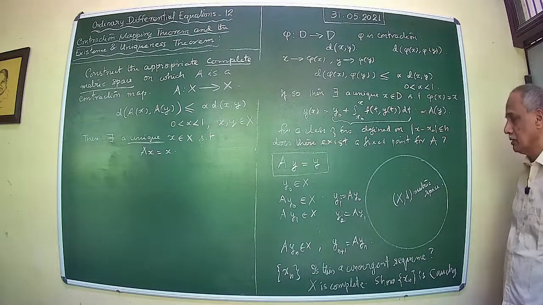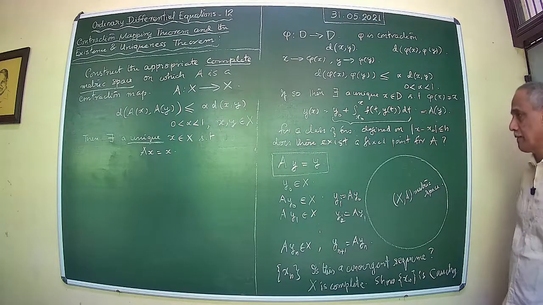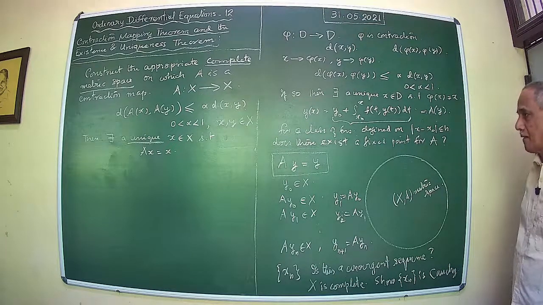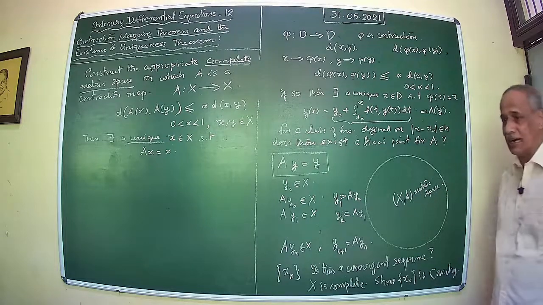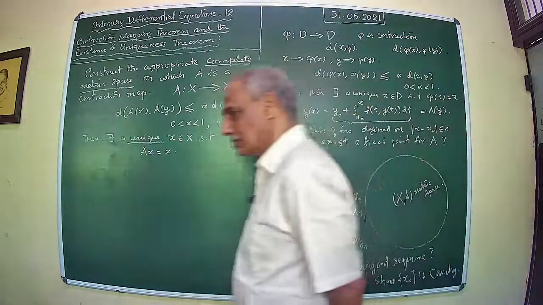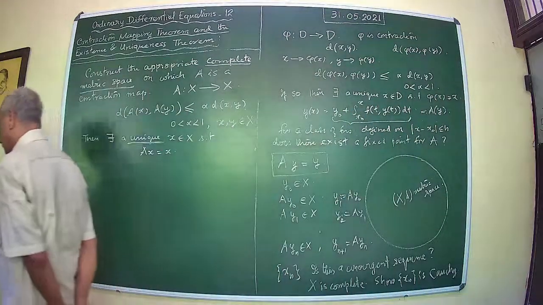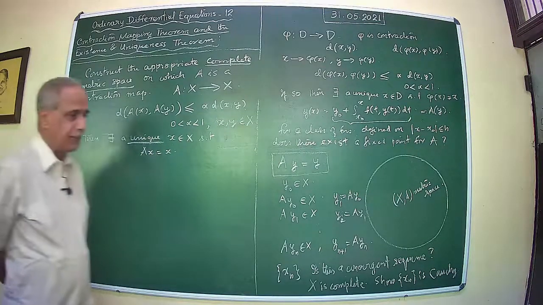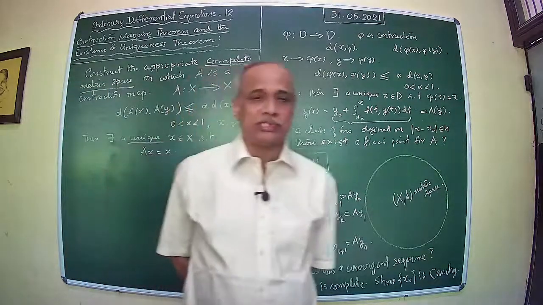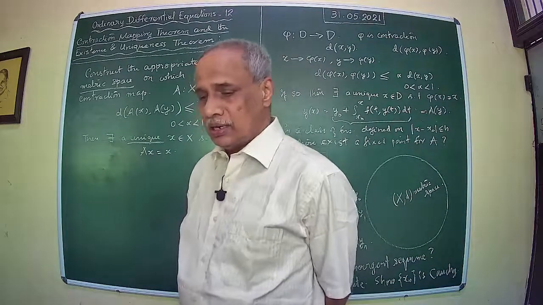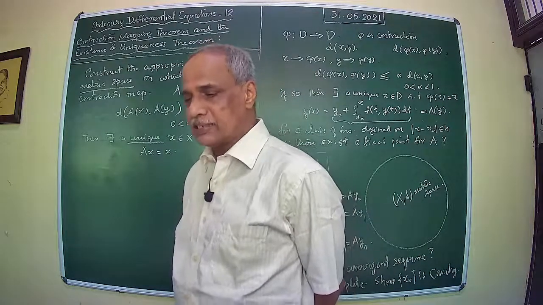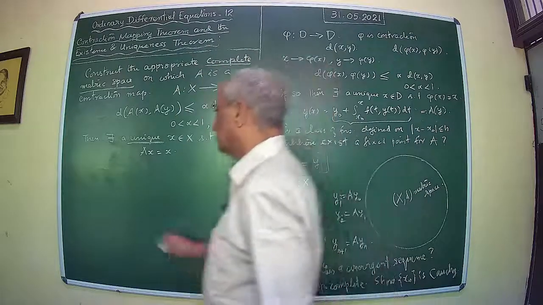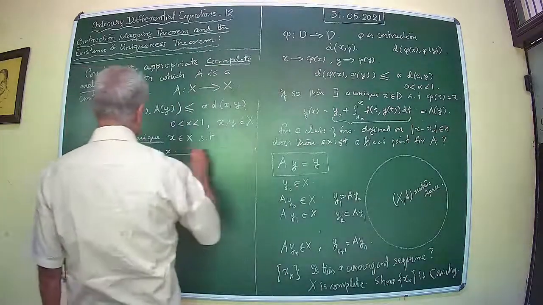Now what is the procedure? The procedure is to construct a sequence which is Cauchy. So you need conditions to assure that the particular sequence is a Cauchy sequence. In the most abstract form, let us first prove this theorem. So I will give a proof of this theorem.